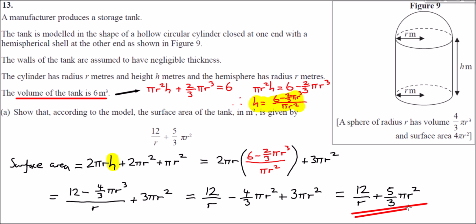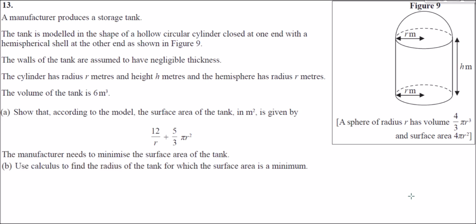We can now think about answering part B using part A to help us. So part B, the manufacturer needs to minimize the surface area of the tank. So we need to use calculus to find the radius of the tank for which the surface area is a minimum. So it's going to be a minimum when dA by dr is going to be minimized.